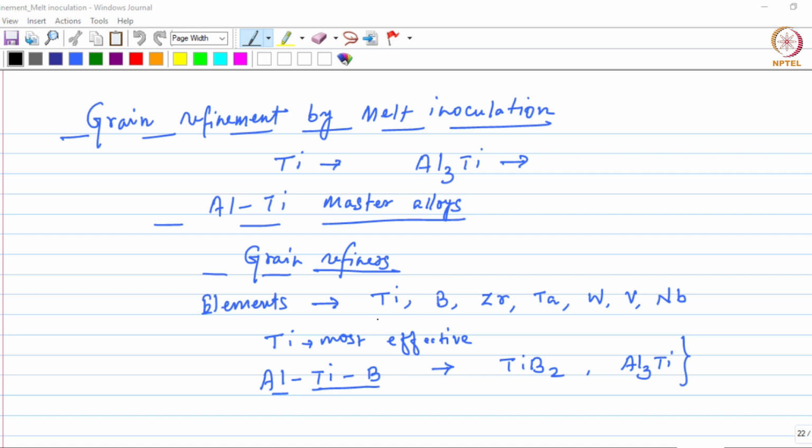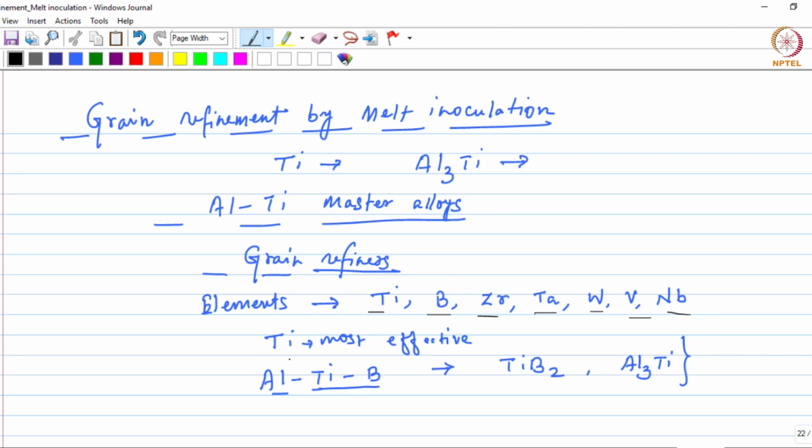So here are those elements which are used as inoculants or grain refiners for aluminium alloys. These are basically added as aluminium master alloys, and out of all these, titanium has been found to be most effective.